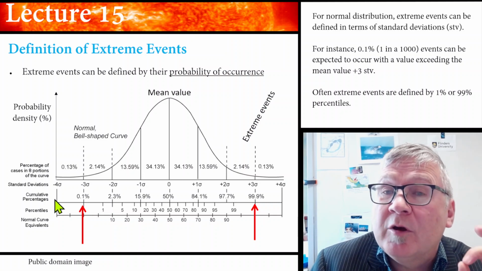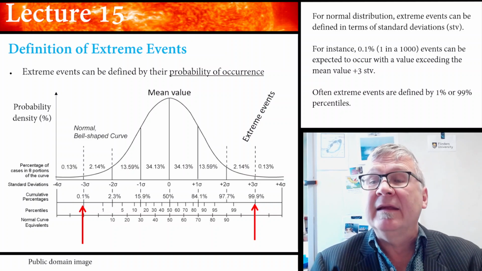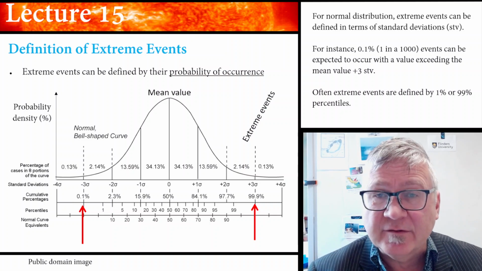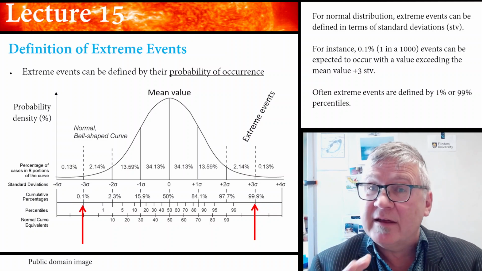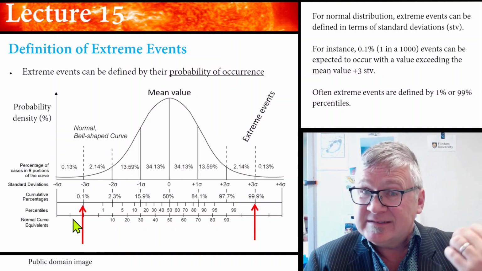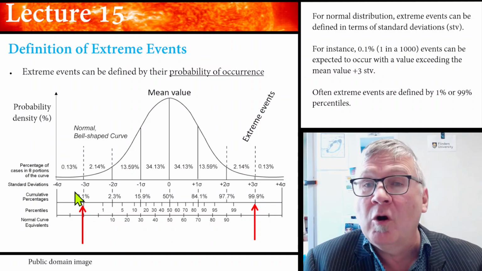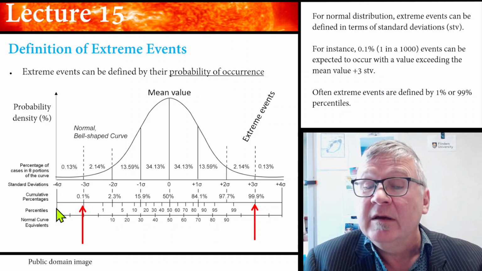And this is what we call extreme events, because it refers to 1 in 1,000 events. So if you have 1,000 events, only one of them is statistically in this range of very cold temperatures.